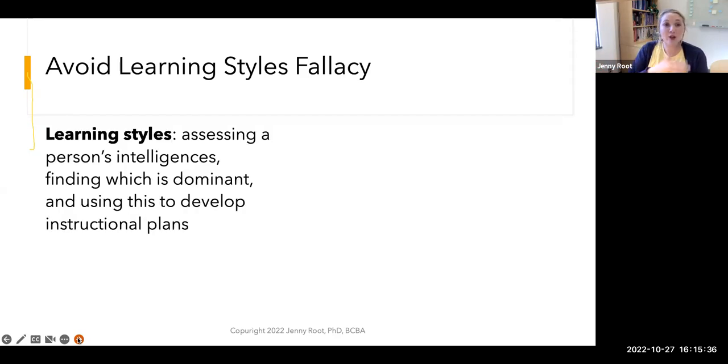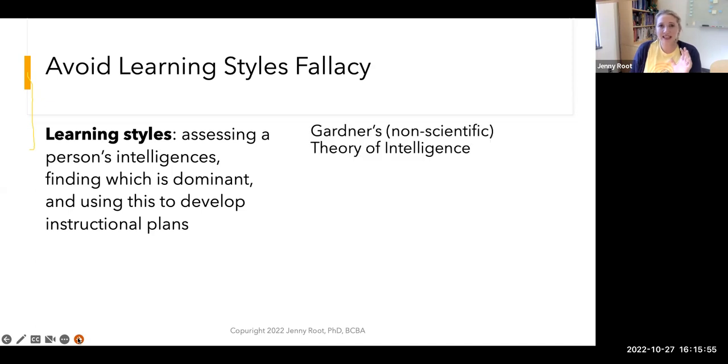But learning styles, if you're not familiar, is assessing a person's intelligence, finding what is dominant, like, oh, they're an auditory learner or a visual learner or a kinesthetic learner, and using that to develop instruction. It's based off of Gardner's theory of intelligence, which is not scientific.